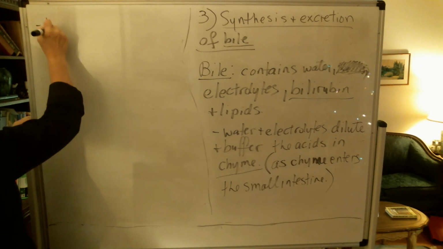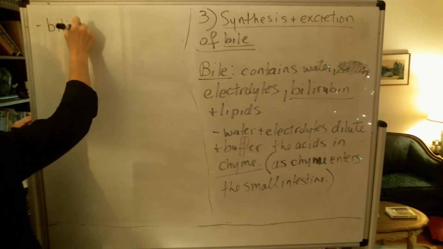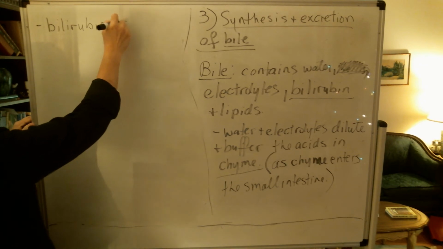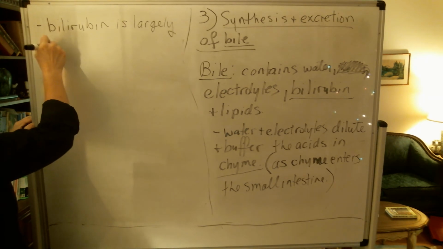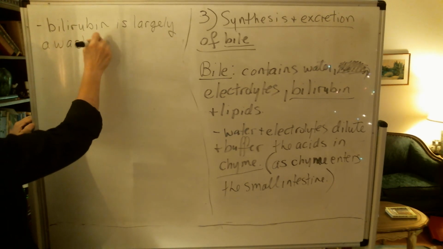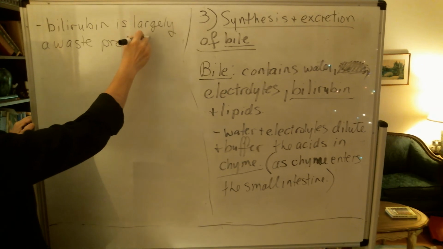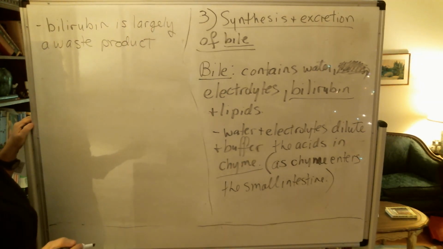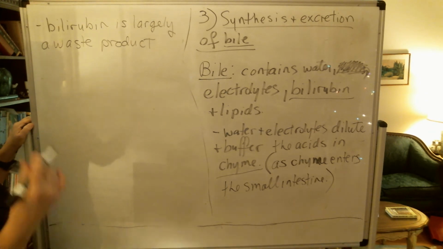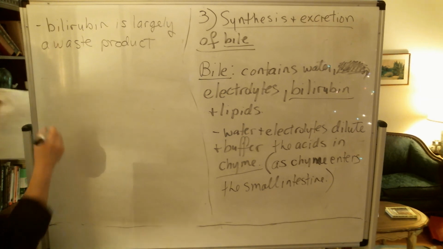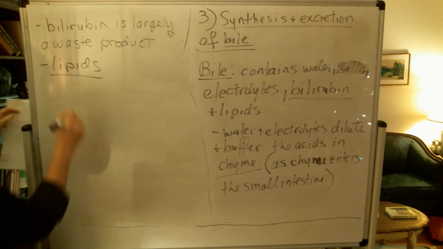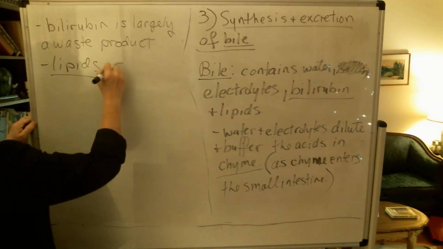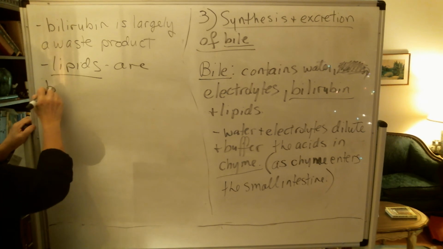So now, bilirubin is largely a waste product. So this is just your way of the liver taking the bilirubin and sticking it into your GI tract, because your GI tract will get rid of things. And then finally, the lipids are what are called bile salts.